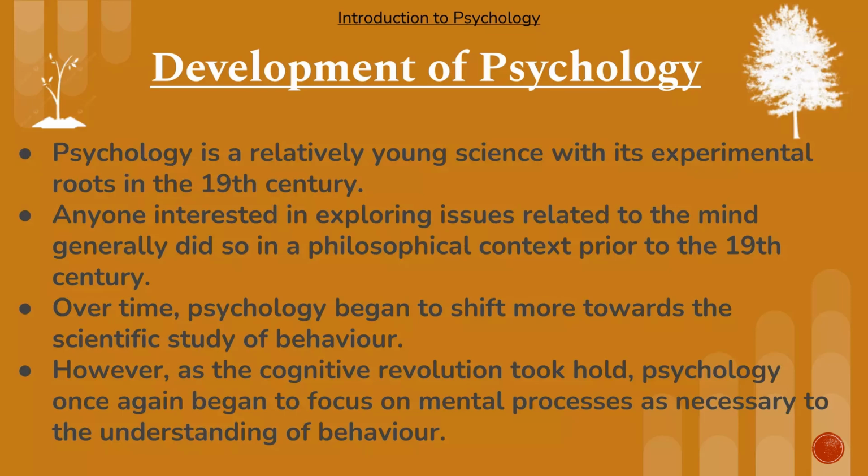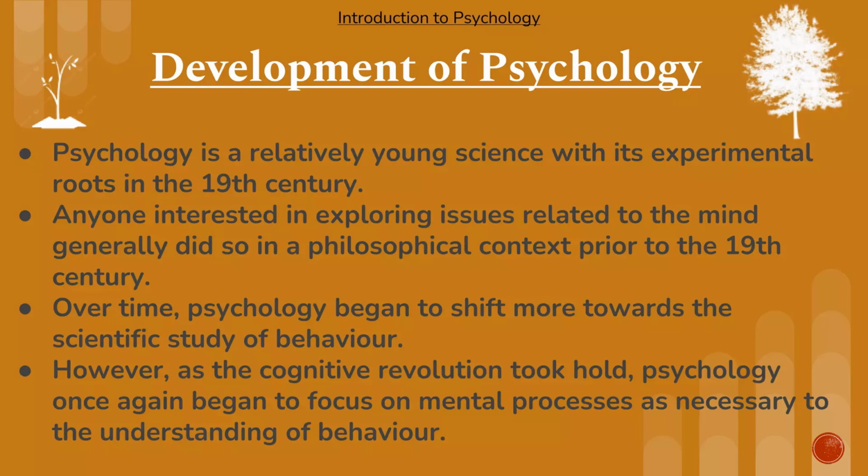Regarding the development of psychology, psychology is a relatively young science with its experimental roots in the 19th century. The 19th century was the time when psychology was evolving as an experimental science, and before the 19th century it was in a philosophical context.